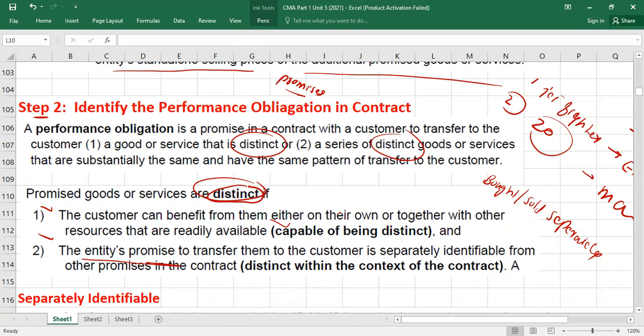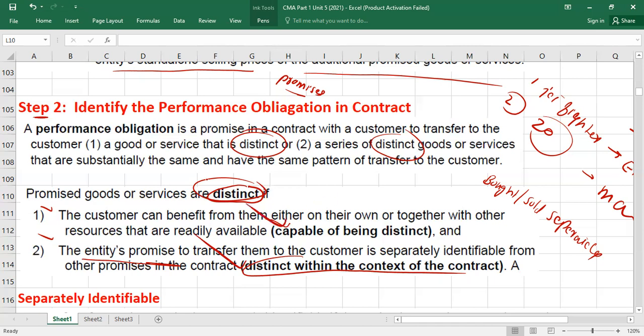If the first point is there, it could be bought or sold separately, as in my construction example, where you can provide plumbing and electrical work, and it is distinct within the context of the contract also, meaning it can be distinguished in the context of the contract, then if both conditions are there, we have more than one performance obligation. Try to memorize this first.